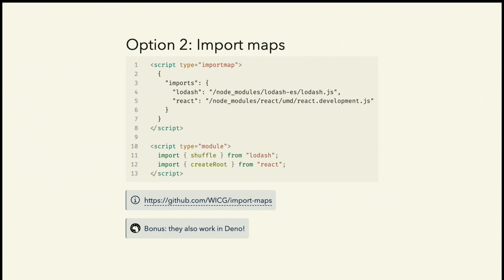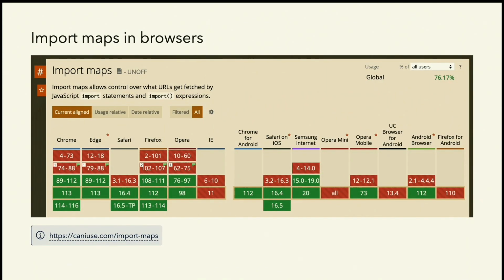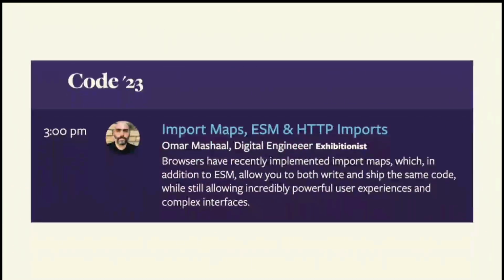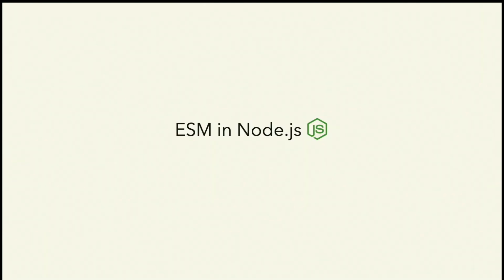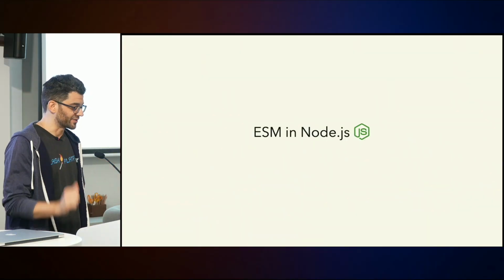As of very recently, Safari 16.4 has support for import maps, so it's quite well supported if you don't really care about IE11 and all that. Watch this space. All right, so in the browser, pretty cool, pretty easy, if asterisk.